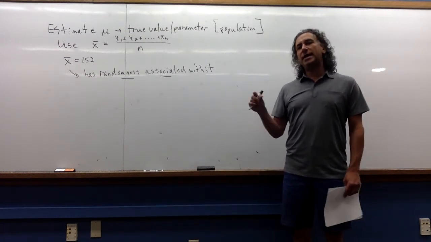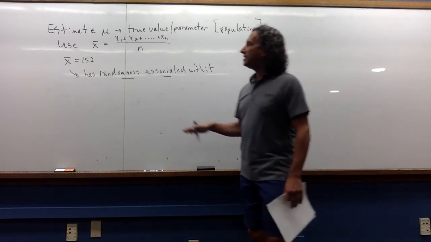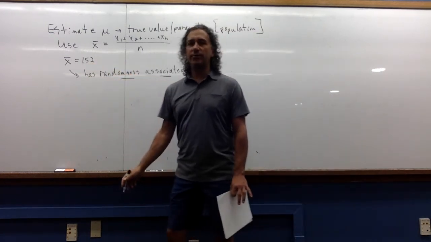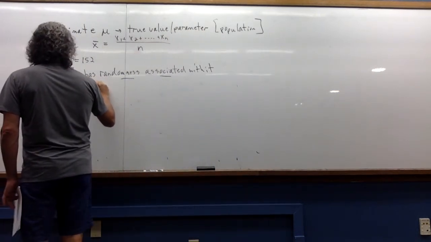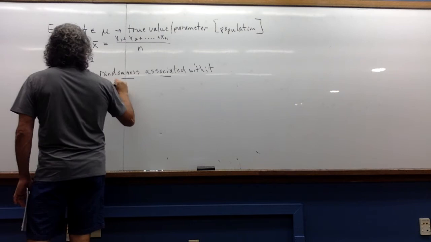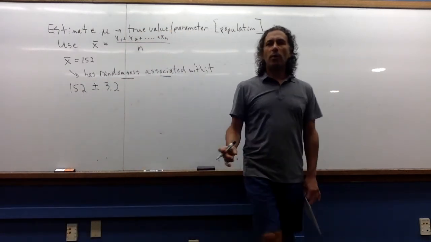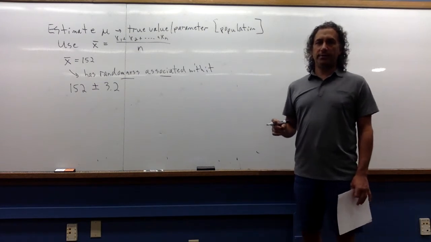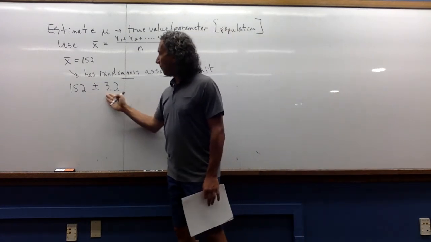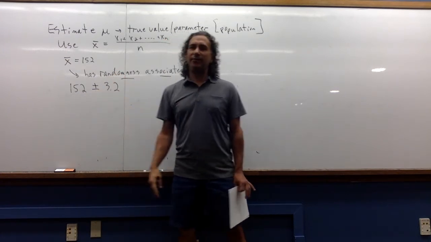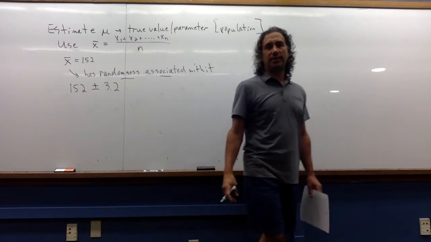So we're going to use that information coupled with the central limit theorem to not say 152, but we're going to come up with a number or an interval, something like 152 plus or minus 3.2. I just pulled this number out of thin air, but we're going to get an interval. And when we do the computation, it's not pulled out of thin air. It's going to be derived from our understanding of that guy's distribution.